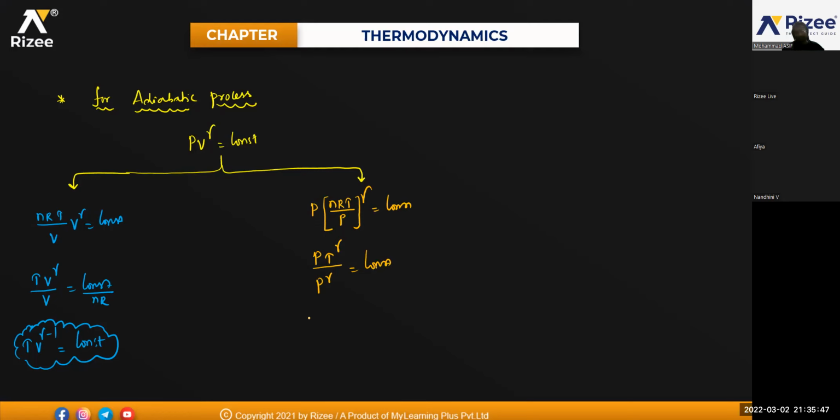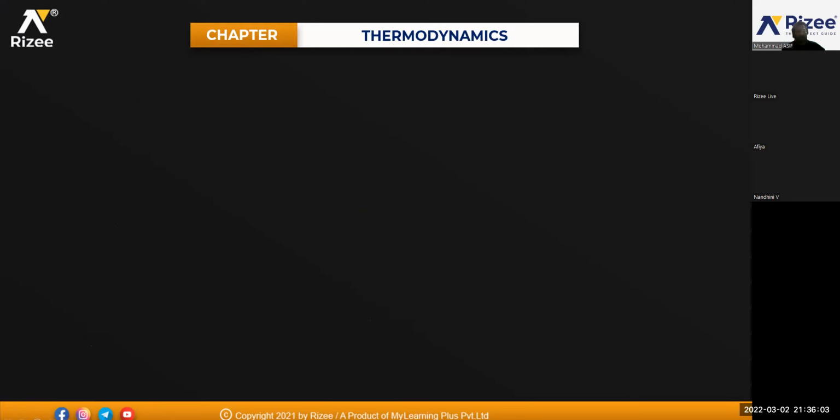So that will be equal to P, you take it to one side, so it is P to the power of 1 minus gamma, T to the power of gamma is equal to constant. This is the relation between T and P. Clear, madam? Let me give you one example.